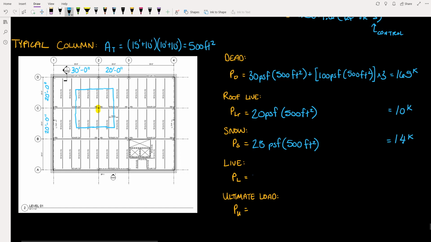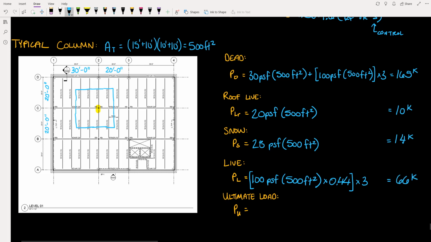Now floor live load, 100 pounds per square foot times 500 square feet. And recall here that we are permitted to use live load reduction. And we calculated previously that the live load reduction factor was 0.44. And so we will apply that factor here. And of course we have 3 floors that we're designing this column to hold. So that gives us 66 kips.